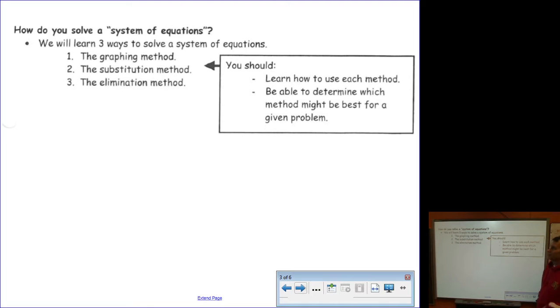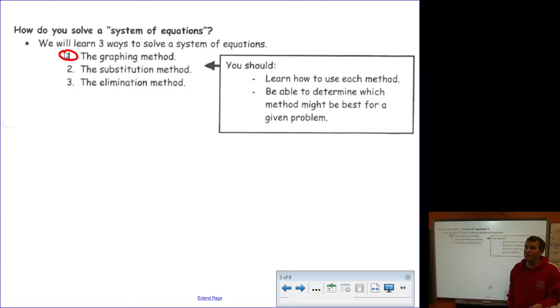How do you solve a system of equations? Well, in this chapter, we're going to learn 3 ways to solve a system of equations. Today we'll do what's called the graphing method. And then I think tomorrow we will do the substitution method. And then the next day or two we will do the elimination method. So 3 different methods that really do the same thing.